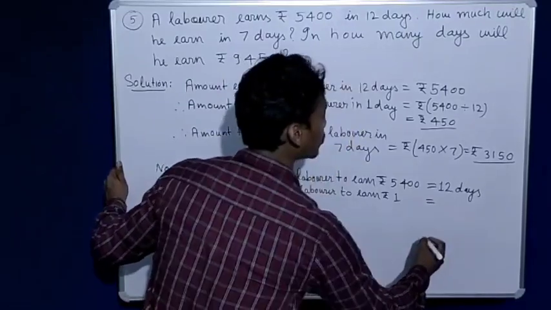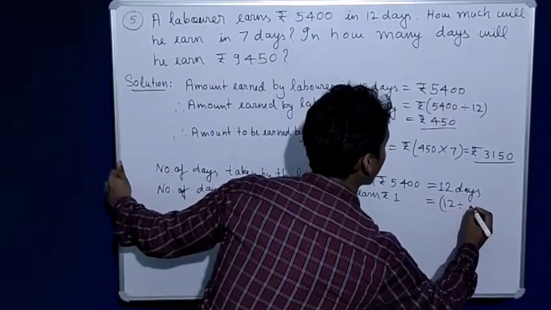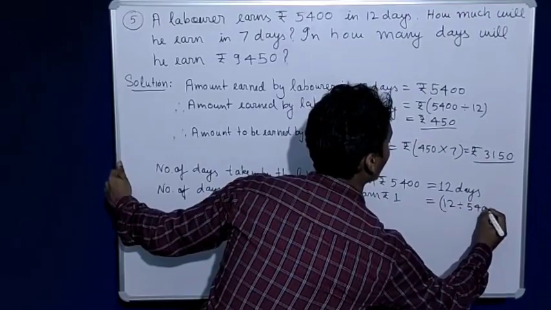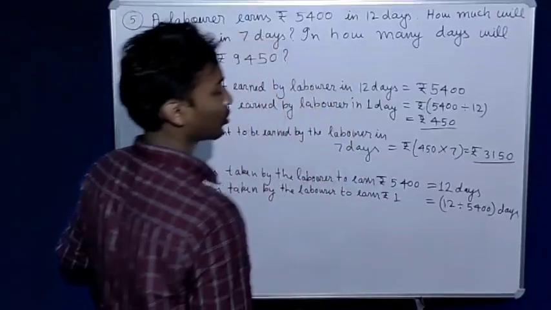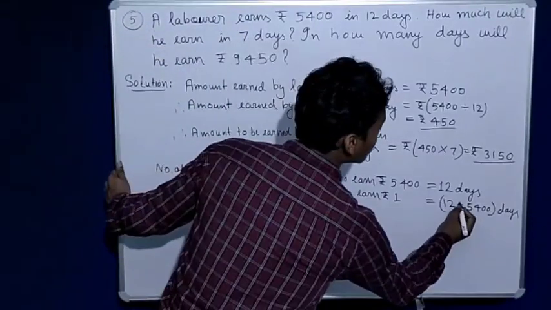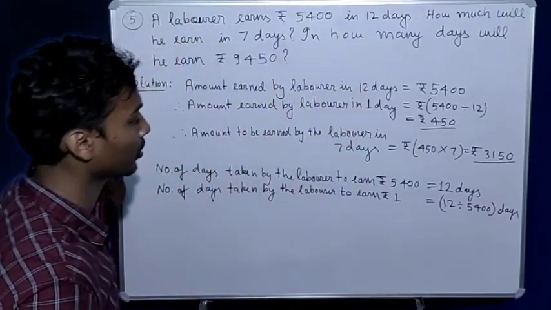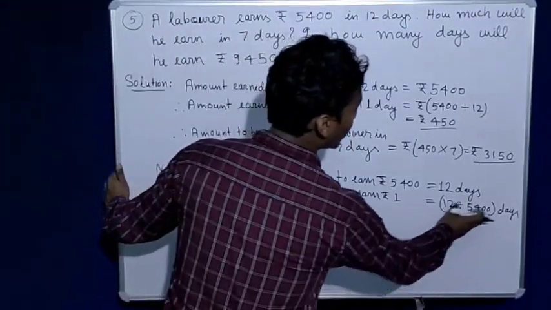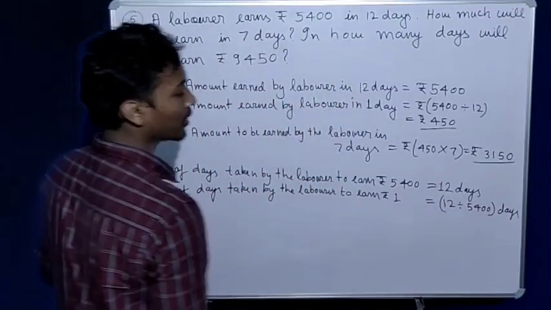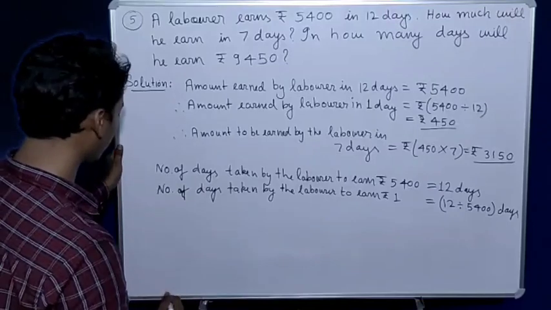That will be equal to 12 divided by 5,400 days. So he will take 12 divided by 5,400 days. Now leave the fraction, leave it like this. Let's not solve it. We'll solve it later.